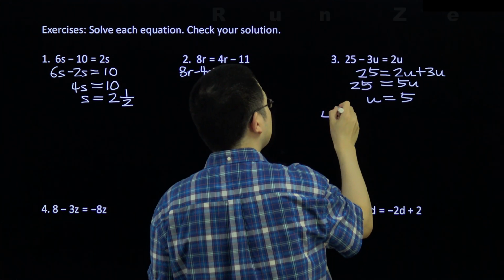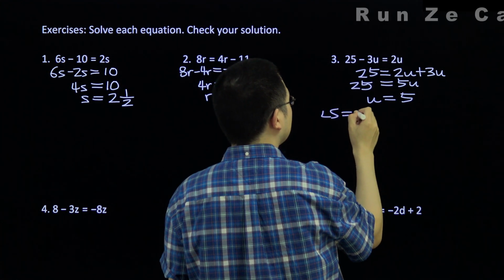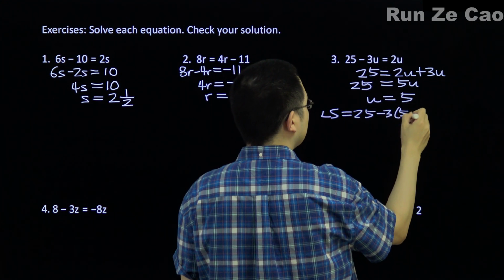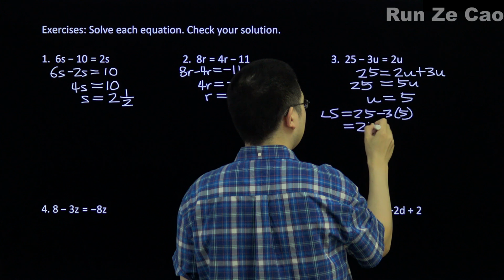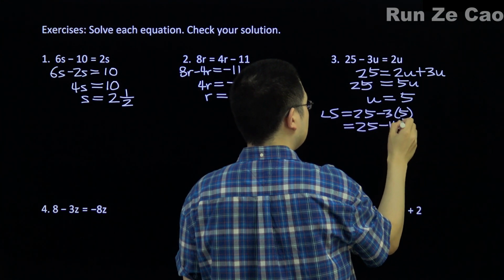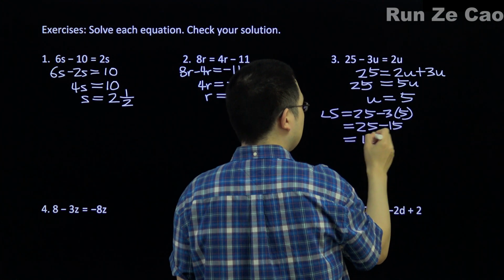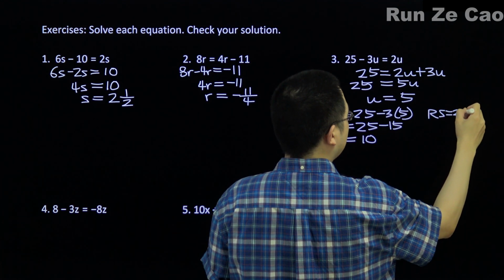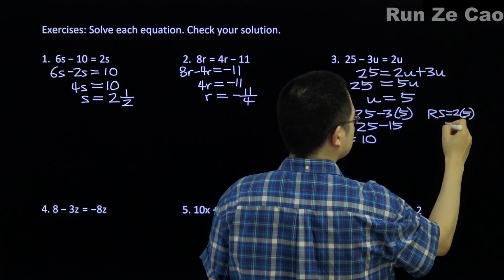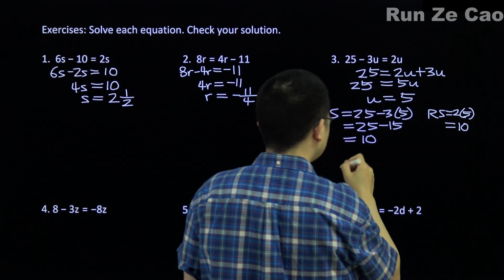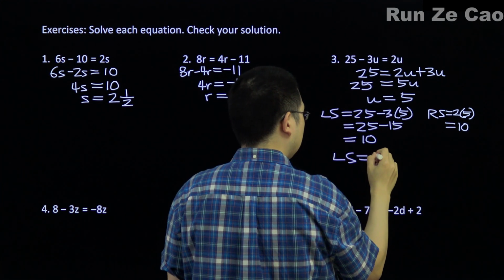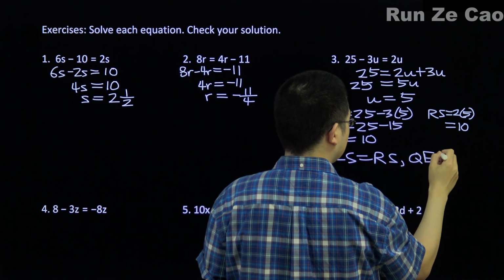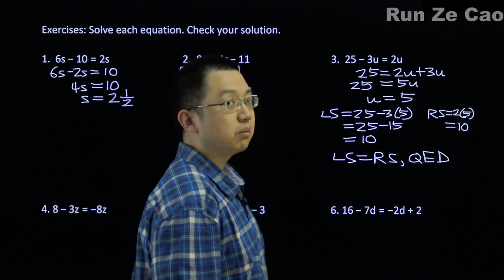Okay, so when we sub in, we had left side equals 25 minus 3 times 5 equals 25 minus 15 equals 10. Right side is equal to 2 times 5, which is equal to 10. Left side equals right side. Therefore, quod erat demonstrandum. What's been asked has been shown.